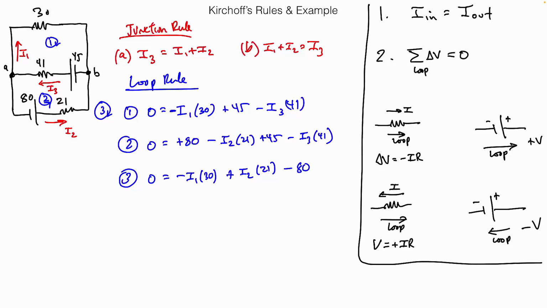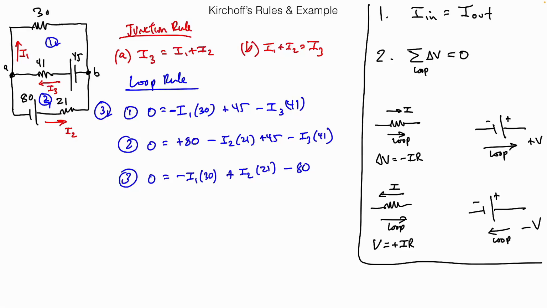Once you've chosen the direction, don't reverse it though, right? Yeah, we could have done 3 the other way around, and then we would have ended up with positive, starting at B, positive I1 times 30, positive 80, and negative I2 times 21, which is exactly the same equation, just multiplied by negative 1.